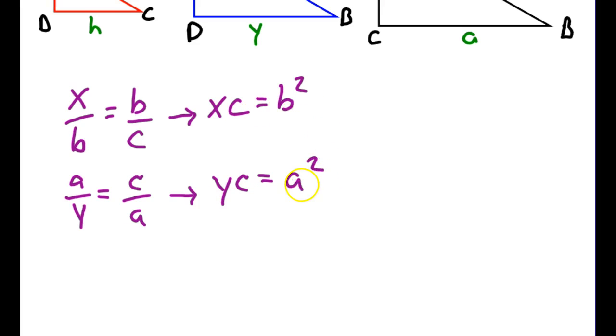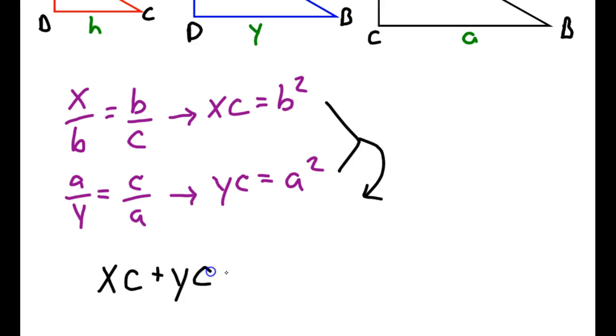I'm going to combine these two equations. Since they're equal, I can add the left sides of the equations together and add the right sides of the equations together. So I'm going to combine these two equations into one down below. So I'm going to take xc plus yc and set that equal to a squared plus b squared.